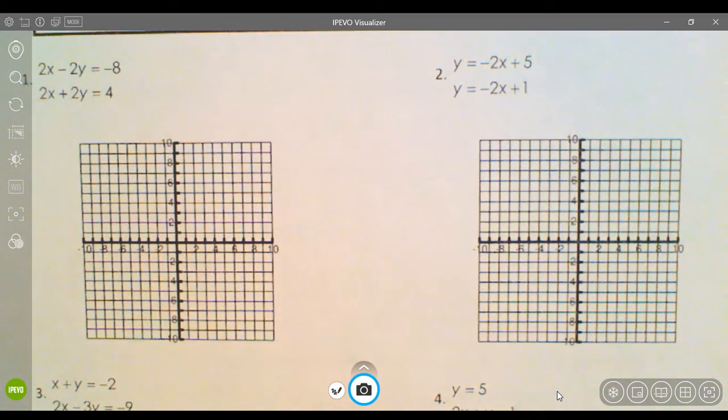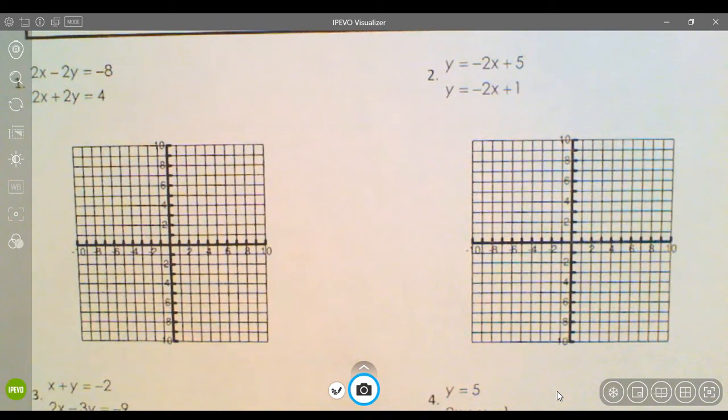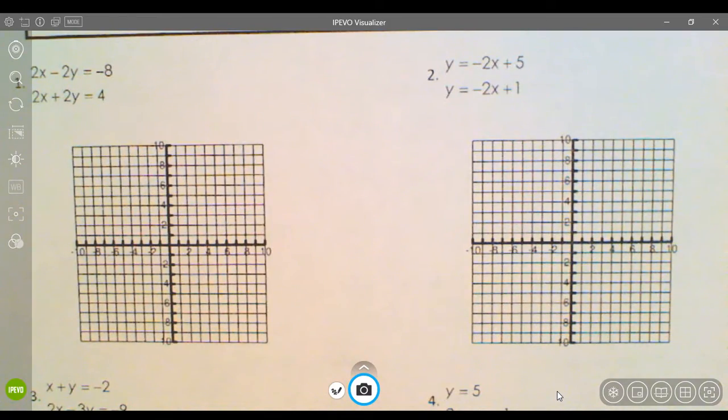In class, when we work through these together, I would give you 2 different color pencils so that you can graph one line in one color and the other line in another color, and then you can see the difference. I think it's good practice for you so that you can look at your line and troubleshoot, and if you don't get something or you don't like it, I can ask you, which line is this? And you can pick it out right away. So I will use different colors to graph these.